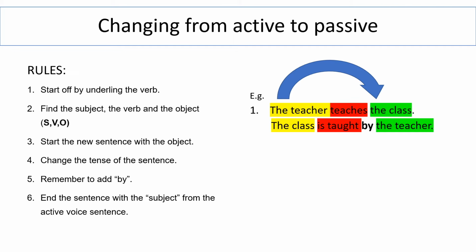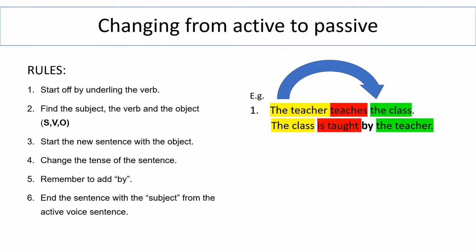The subject is the teacher, teaches is the verb, and the class is the object. Step 3, begin the sentence with the object. So the sentence will begin with the class. Step 4, change the tense of the verb. Remember to use the tense table to help you. The sentence will now read, the class is taught.